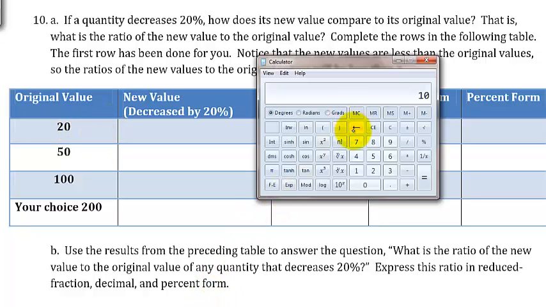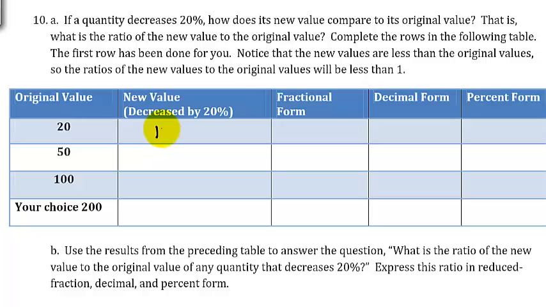So I'm going to take 20 and multiply that by 0.2. This will give me the discount. So I want to discount the $20 by $4. That would give me a new value of 16.